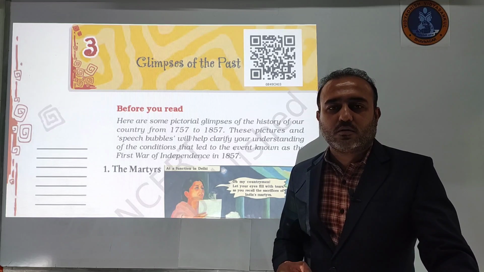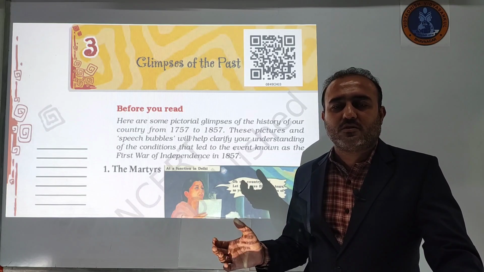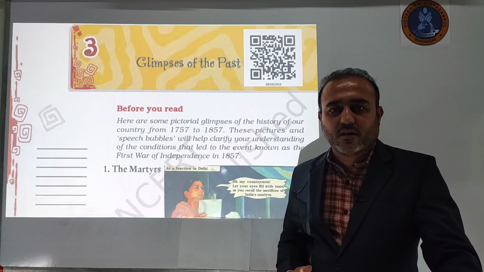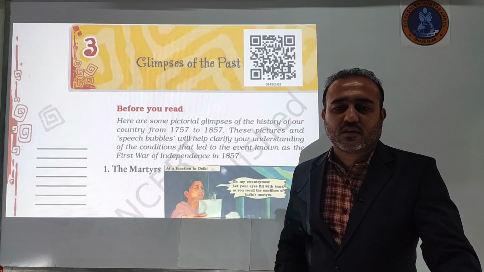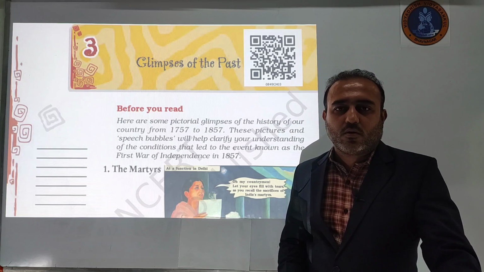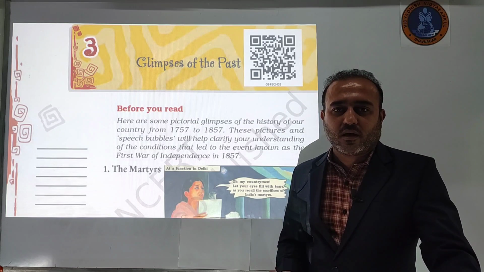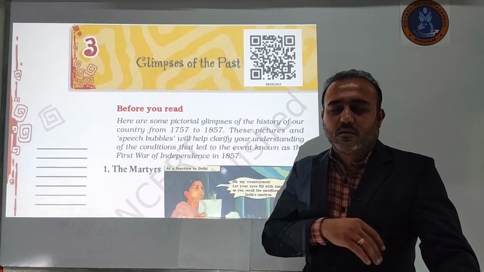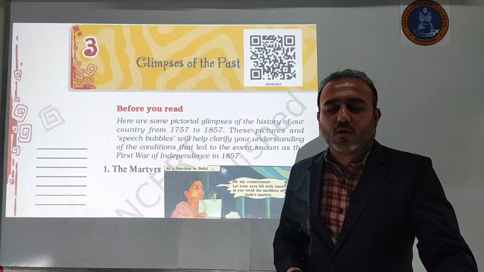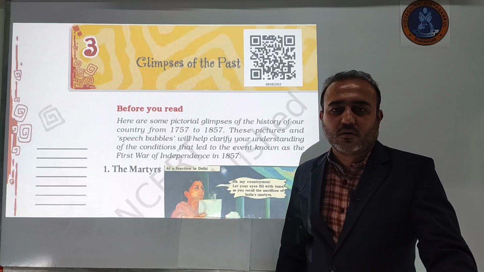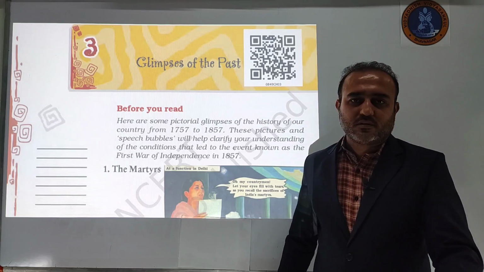Massacre means to kill deliberately a huge number of people together. All those events, from how the Britishers arrived in India, how they took control and ruled over India, will be discussed in this chapter. So to understand the chapter in detail, let us begin with the explanation.